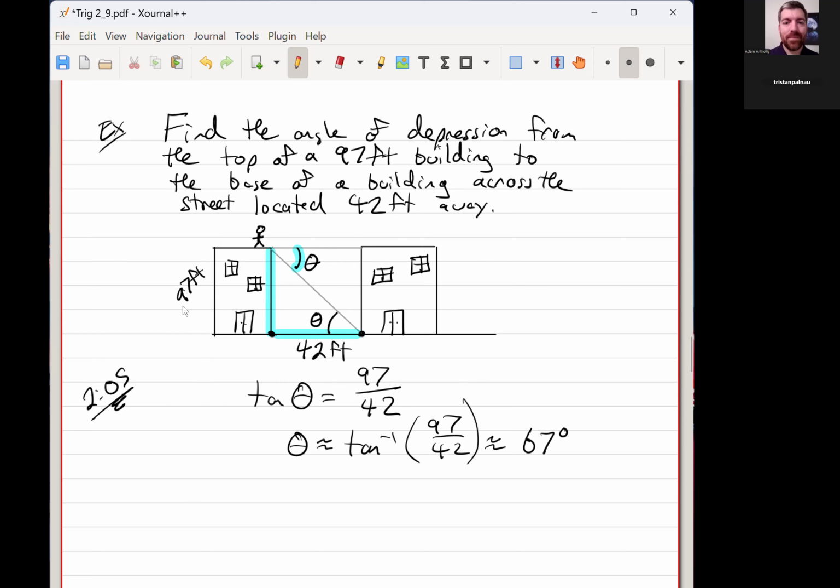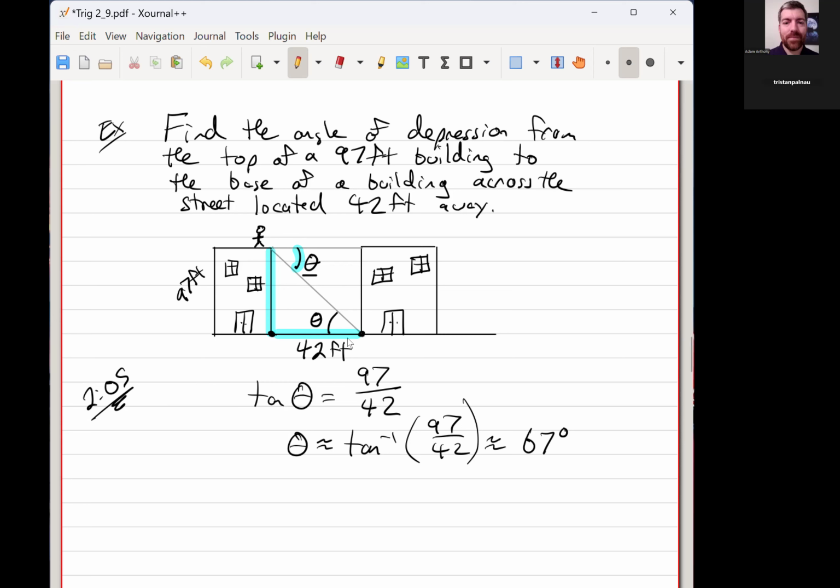The height of the building is 97 feet. And we're looking for the angle of depression. Now, the angle of depression comes from the horizontal. So if you're looking at the horizontal and then you look down, that is an angle of depression. So this angle I have highlighted here, the theta, this top theta, is the angle of depression.